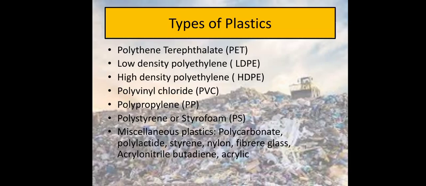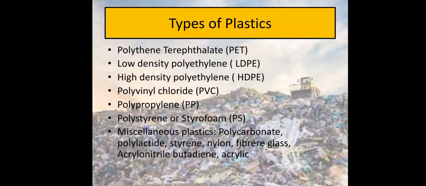The next point within our discussion is the types of plastic. There are various types of plastic that we utilize within our day to day life. The important plastics include polyethylene terephthalate, that is PET, then low density polyethylene LDPE, then high density polyethylene HDPE, polyvinyl chloride, polypropylene, and polystyrene, also called styrofoam.